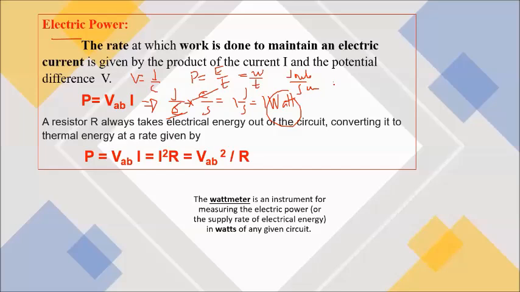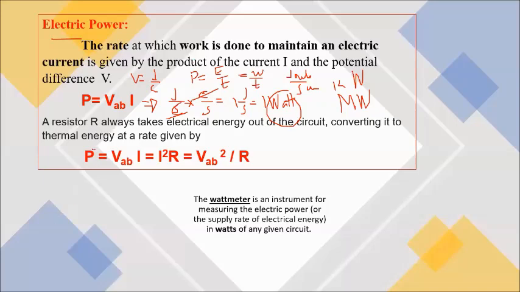No? So usually it is expressed in kilowatt, megawatt. So 1 kilowatt is 1,000 watts. 1 megawatt is 1 times 10 to the power of 6 watts. Now, our resistor R always takes electrical energy out of the circuit, converting it into heat, thermal energy.